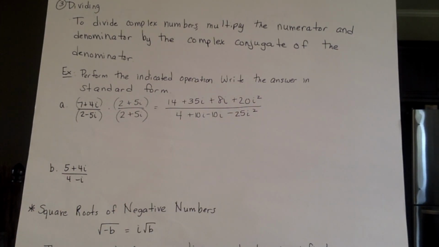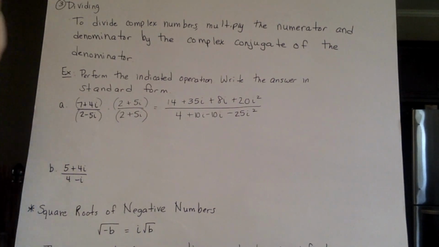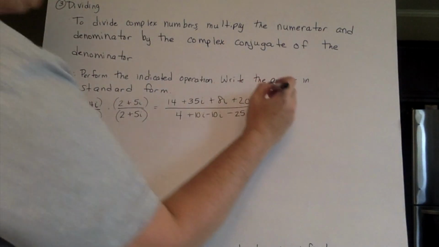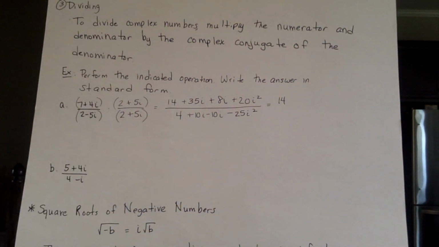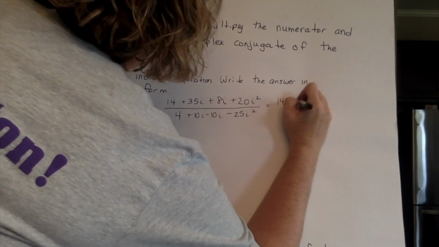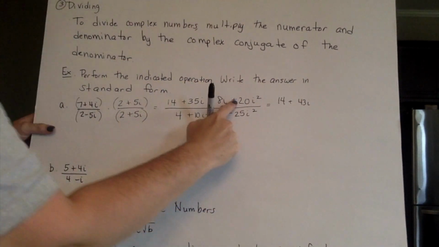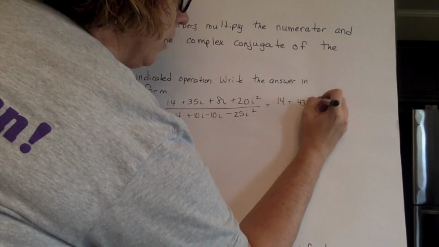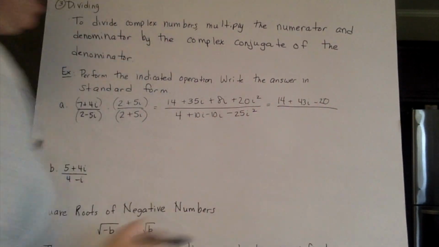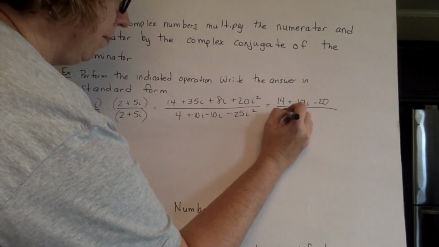Now, when we simplify in the numerator, we're going to have 14. 35i plus 8i is 43i. 20i squared is really 20 times negative 1, or negative 20. In the denominator, I have 4.